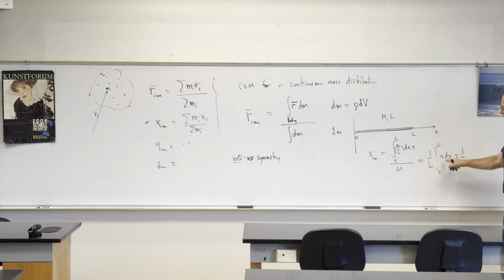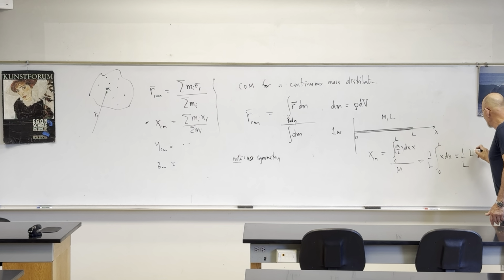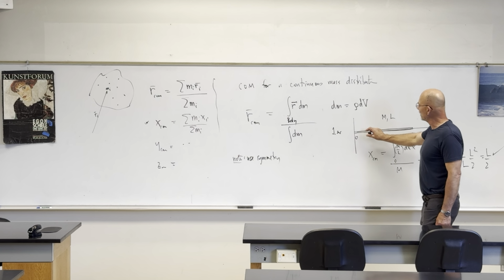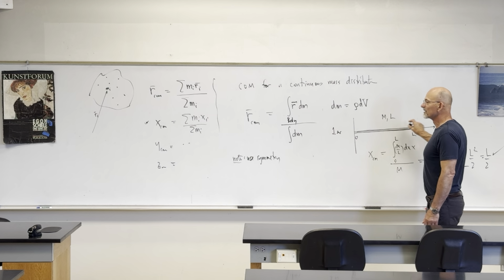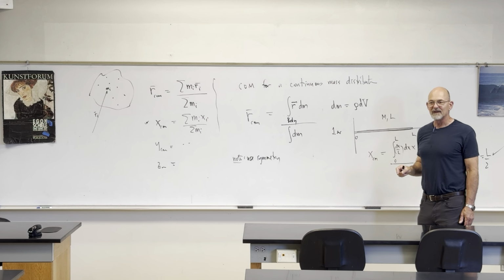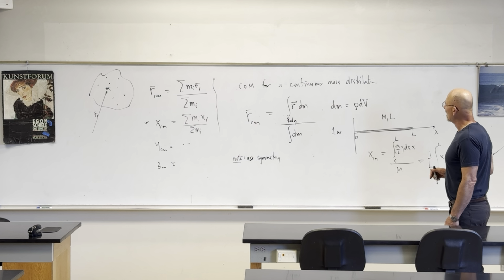The integral of x is x squared over 2, so L squared over 2, giving L over 2. So these things will come out. Now, if we had a mass distribution that increases linearly with length, then it would not be so trivial anymore. We would have to do a couple of steps.